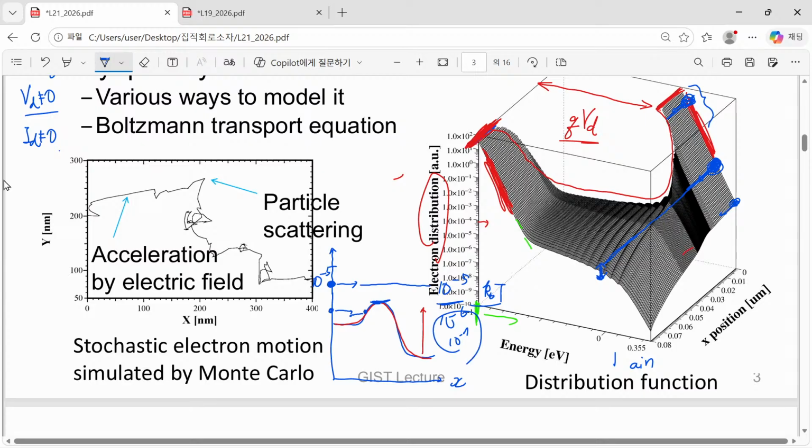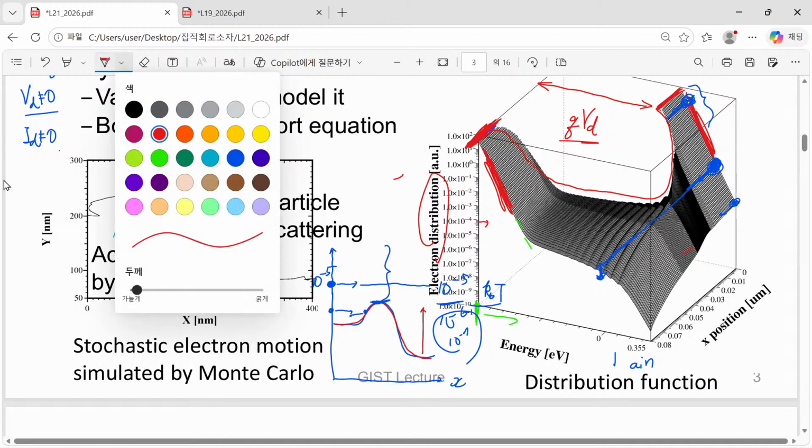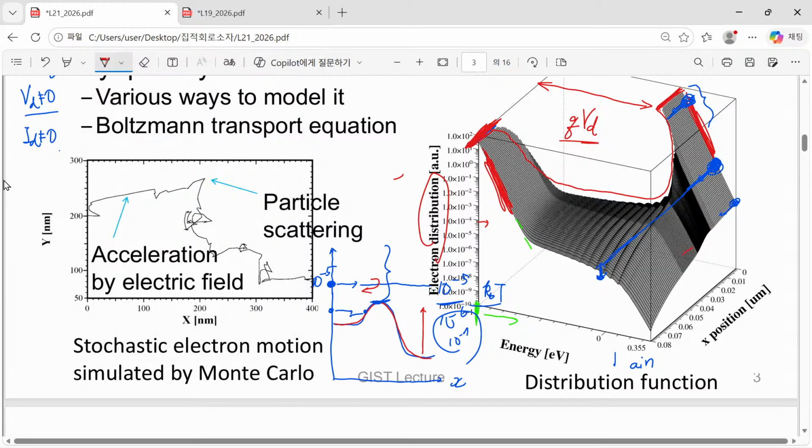So it means that although we have the open window for our electrons, some of our electrons are experiencing a certain amount of scattering events. So it is reflected and reflected during its journey. That's the reason why our injection electron density distribution and the final endpoint distribution function can be different.